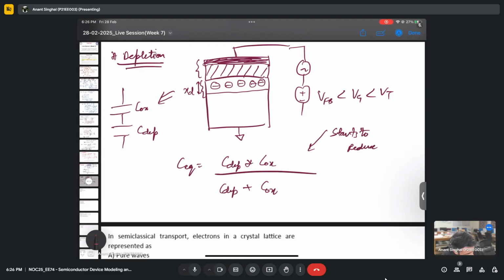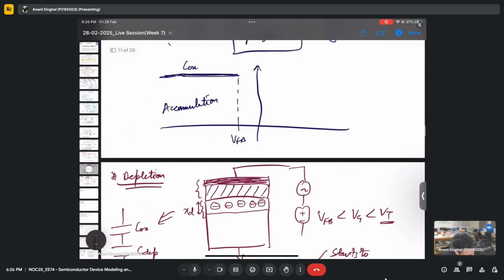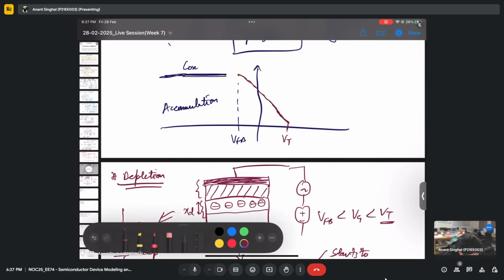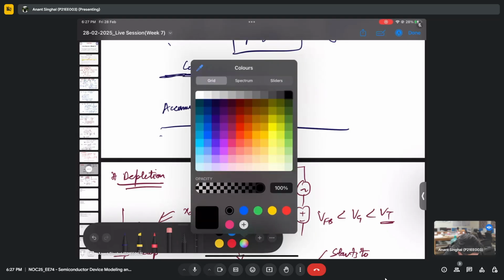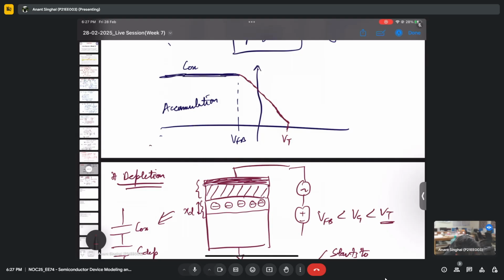Since we are going less than VT, which is something positive, the capacitance starts to reduce. So this was accumulation, and this is depletion.